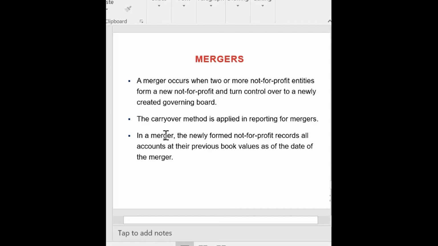In a merger, the newly formed not-for-profit records all accounts at their previous book values. That means they are forming a new business and no one is controlling the other entities. The carryover method will be applied, and you have to record all those assets.